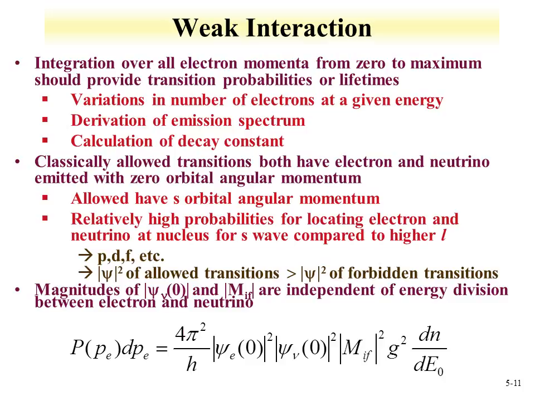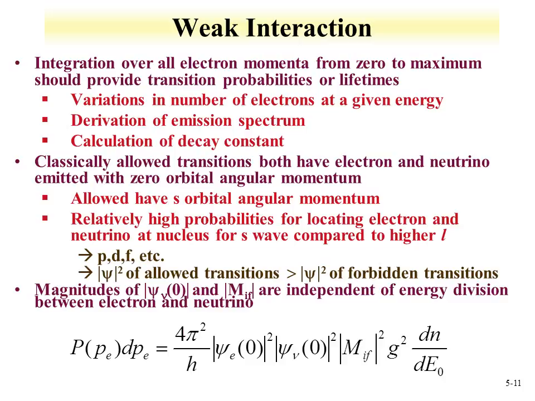Now, classically allowed transitions, in other words, where I have 0 orbital angular momentum change, those that have s orbitals, are allowed transitions. There are higher probabilities of locating the electron and neutrino at the nucleus for the s wave function compared to the higher L wave functions, so P, D, F, etc. These can be observed, but they won't be as allowed as the s wave function.